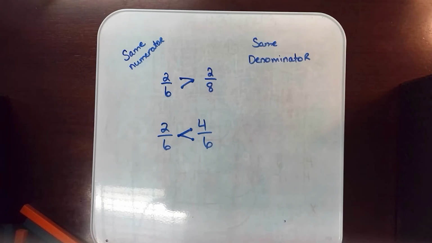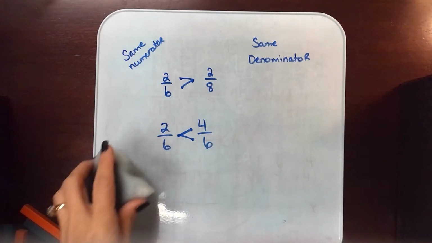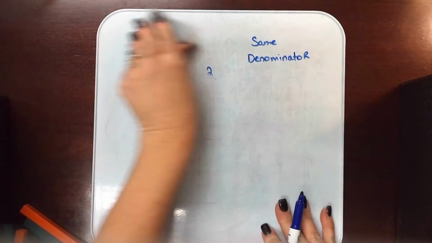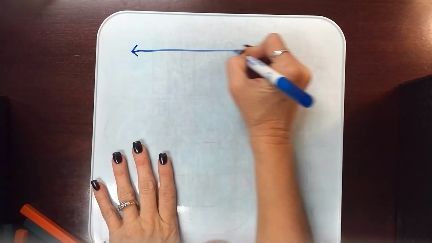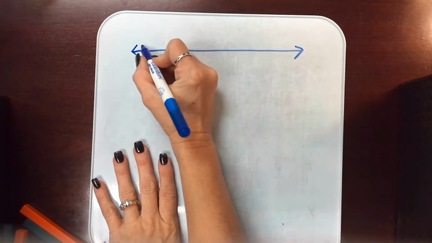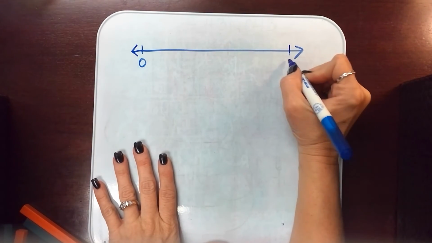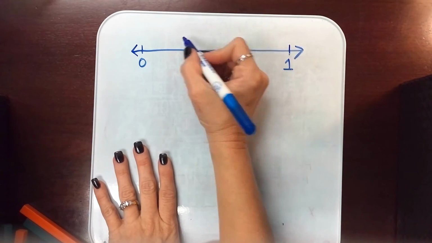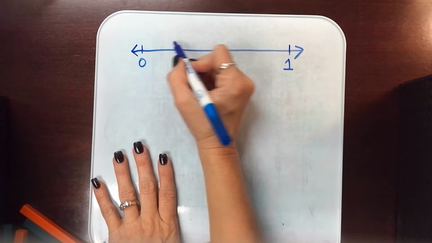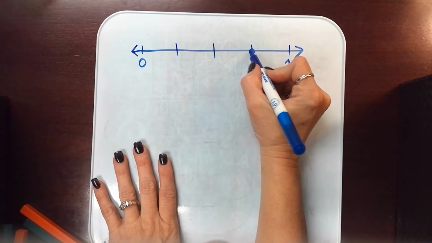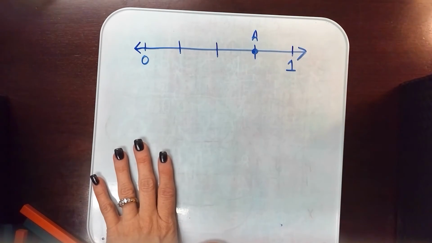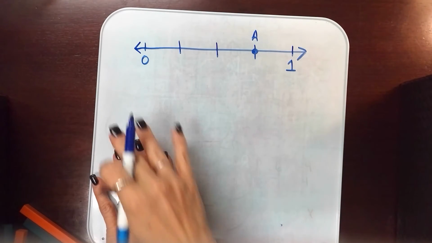So we've been working with number lines this whole time, except we've been working with number lines that are less than a whole, okay, or just a whole. So we have been working with a number line where we have 0, we have 1, and we have a dot here, and I want to know what A is.